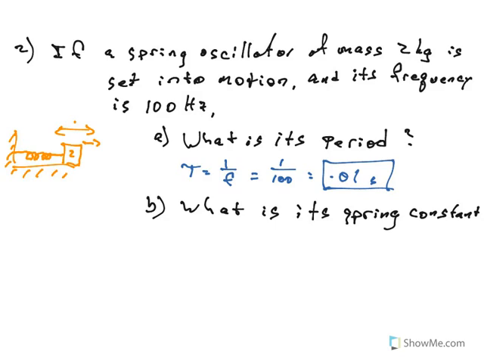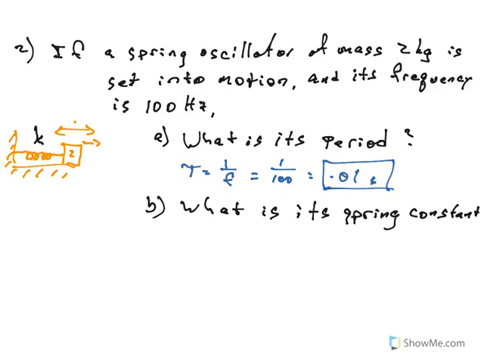We had a spring in our problems, and the spring can have a certain stiffness, K. That's the spring constant. So K is what I'm looking for here. And I want to know, if the frequency of oscillation is 100 hertz, what must be the spring constant of this spring?